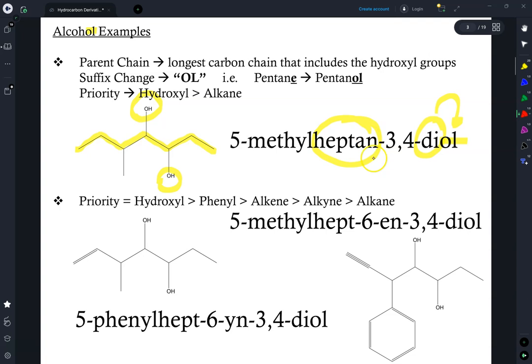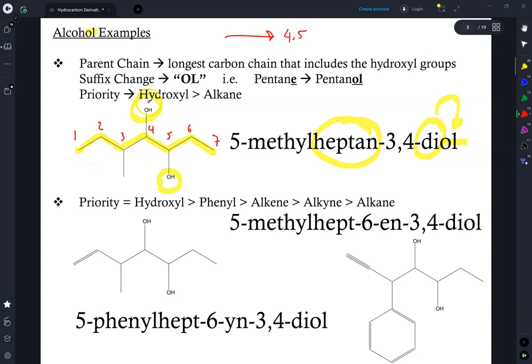But now we have to choose a counting direction that gives the alcohols, the OH groups, the lowest possible address numbers. If we count left to right, the address numbers are 4 and 5 for the alcohol group. But if we count right to left, the address numbers for the hydroxyl groups are 3 and 4.